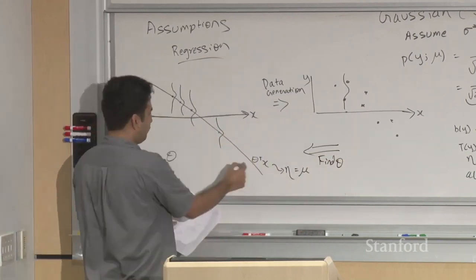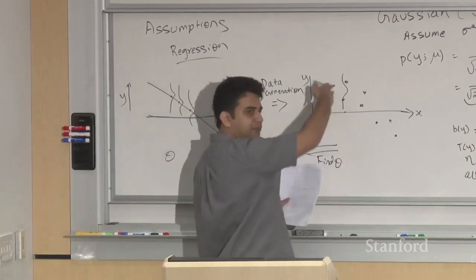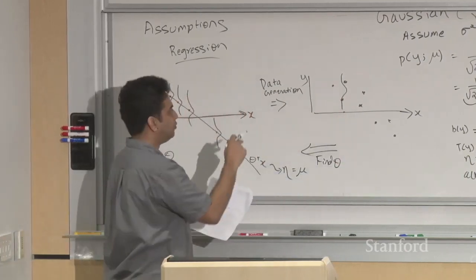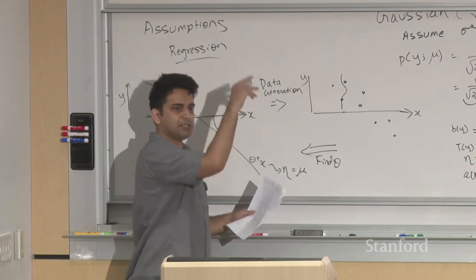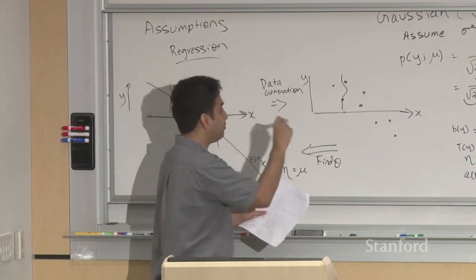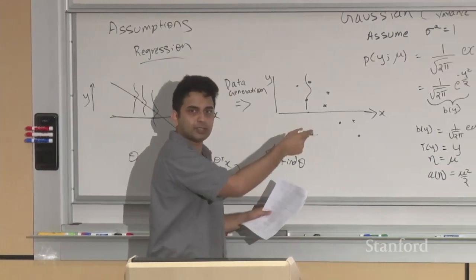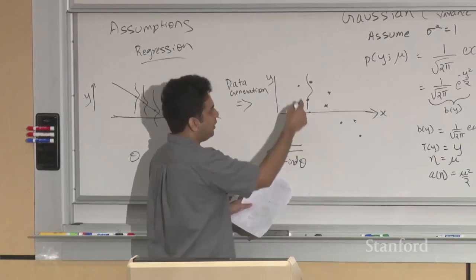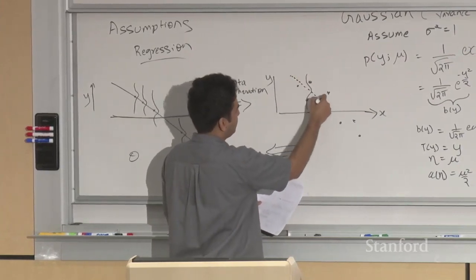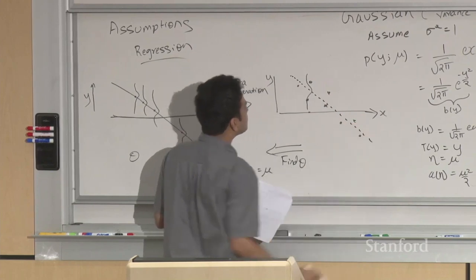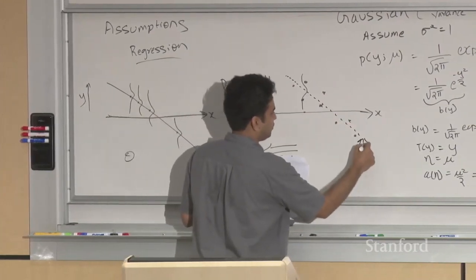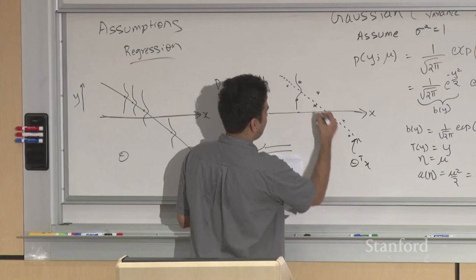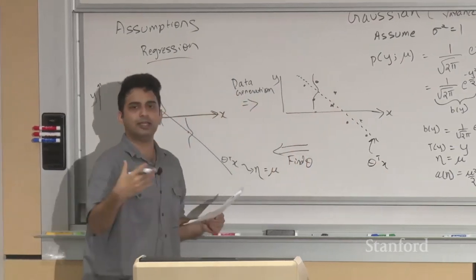For a different choice of theta, we get a different line. We assume that line represents the mu's, or the means of the y's for that particular x from which it's sampled, and we are trying to find a line, like your theta transpose x, from which these y's are most likely to have been sampled.